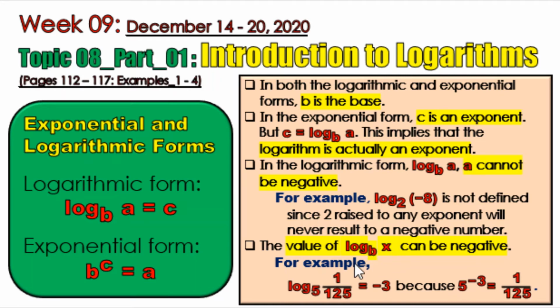For example, logarithm of 1 over 125 to the base 5 is equal to negative 3, because 5 raised to negative 3 is equal to 1 over 125. So again, the value of logarithm of x to the base b can be negative.